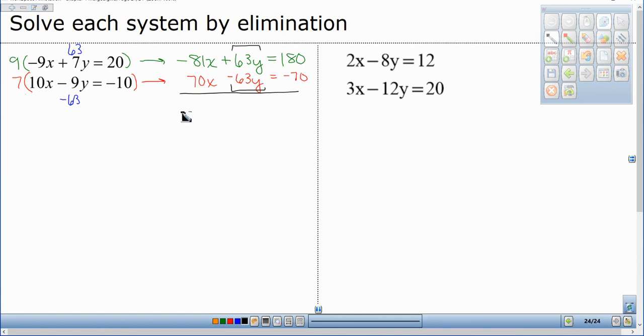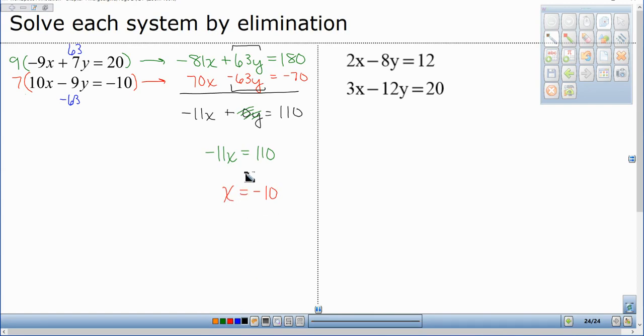When we add downward, we're going to get negative 11x, we're going to get 0y, and we're going to get positive 110. Since 0y is nothing, we're going to have negative 11x equals 110. We will divide, and you'll get x equals negative 10.